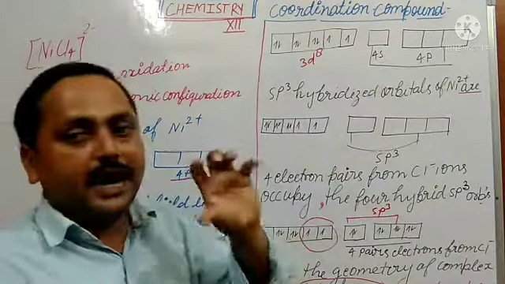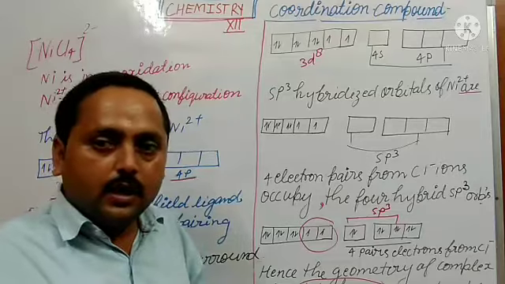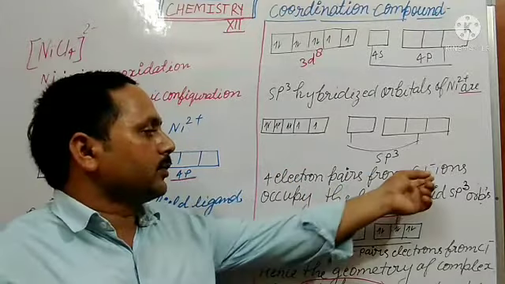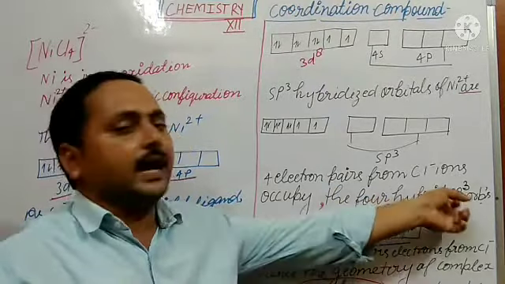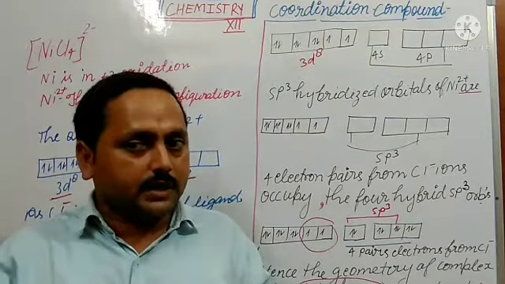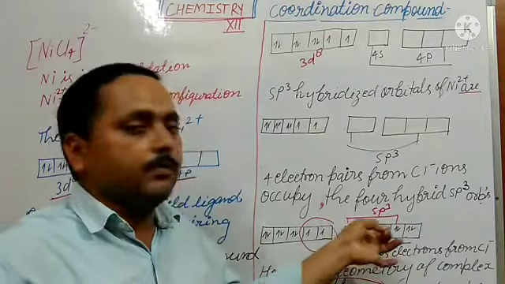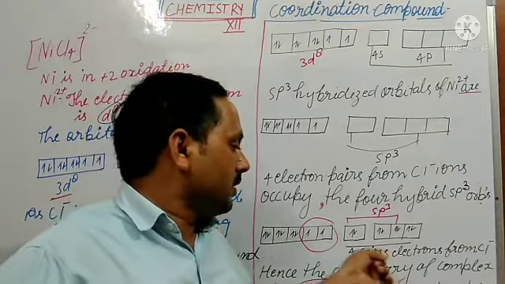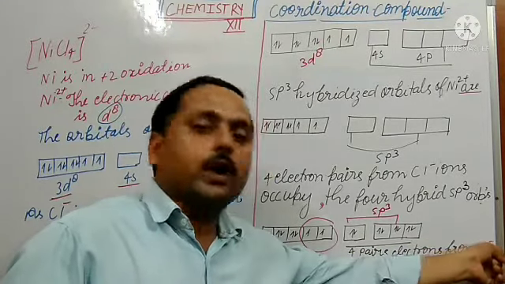Now these hybrid orbitals are empty, so electrons are filled by the ligands. Here 4 electron pairs from chloride ions occupy the 4 sp3 hybrid orbitals, meaning the 4 ligands surrounding the central metal ion fill electrons into the empty sp3 hybrid orbitals. So we wrote here 4 pairs of electrons from chloride ion.